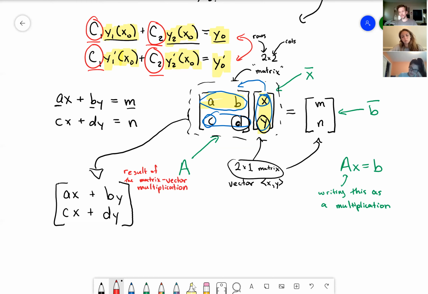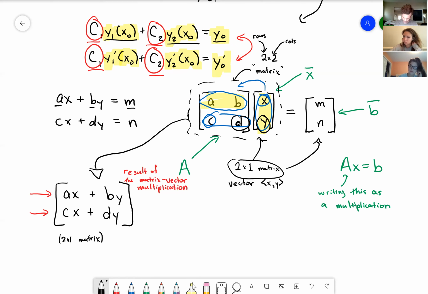Okay. So you can think about this in your head as you take this column, you flip it on its side, and you multiply it by the row to get the first row, and then you take this column, flip it on its side and multiply by the second row to get the second row. So this is the first row, this is the second row, and again, this is a 2x1 matrix, which we can just think of as a column.